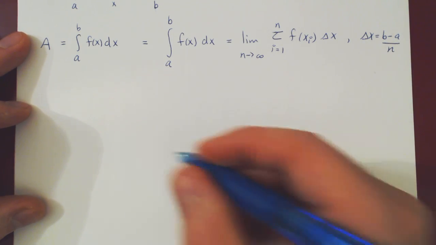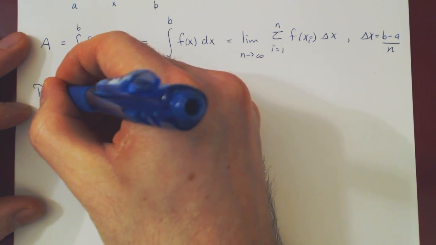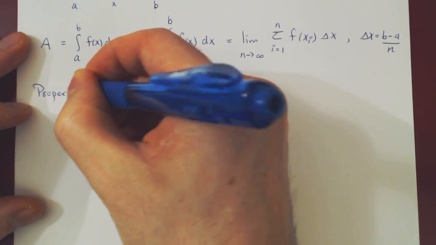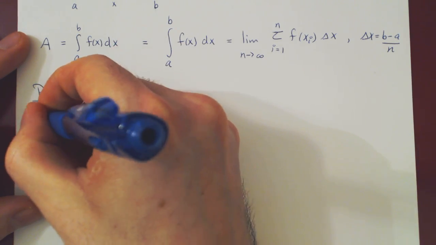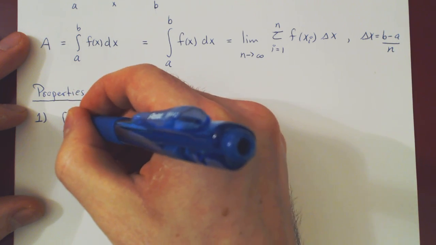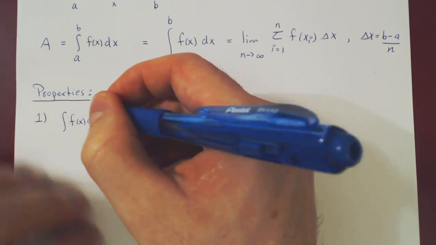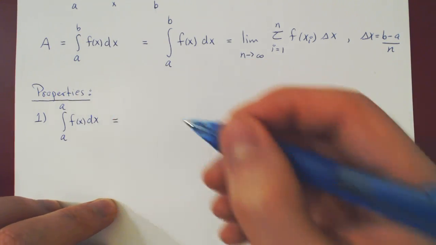So here are the properties of the definite integral. Property 1. Very simple property. If you integrate any function f from x equals a to x equals a, what is the answer?